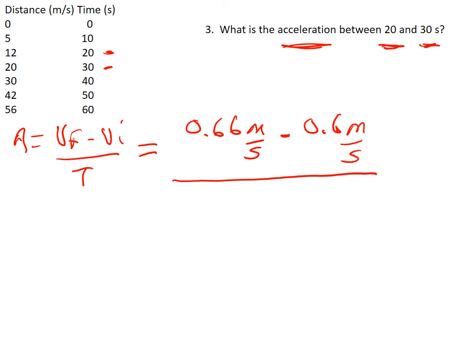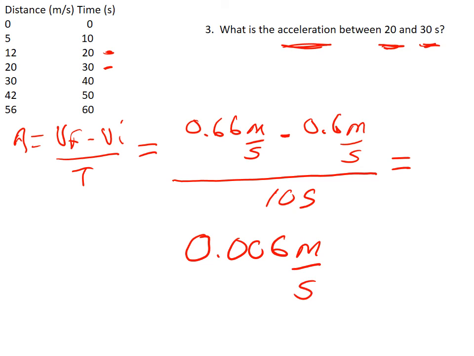And then we have to divide it by the time that it takes to change all of that. Well, the difference between 20 and 30 is 10 seconds. So in 10 seconds time, that's what the speeds changed. So when we calculate this out, we take 0.66 minus 0.6 and then divide the whole thing by 10. You come up with an answer of 0.006 meters per second squared.